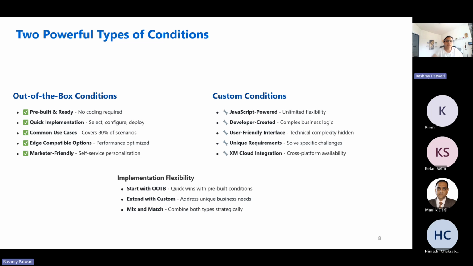We have two different types of conditions: out-of-the-box ones, a bunch of them provided as part of the package, and custom conditions that we can create. How do we go about it? Depending on the use case, we typically start by checking the about 8 out-of-the-box conditions to see whether any of them solve our purpose.